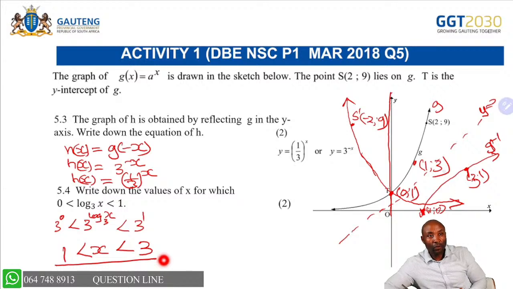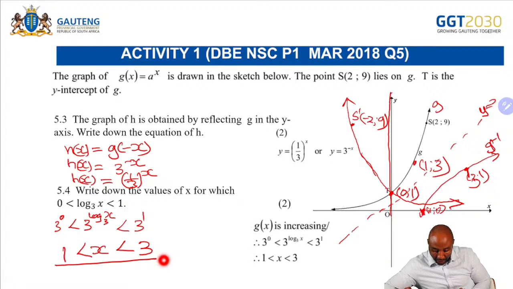This is how we interpret the solution to that question. And you are able to see that g of x is an increasing function. Therefore, we get our solution using that. So it's between x is equal to 1 and x is equal to 3. That is when our logarithmic function is between 0 and 1. We are looking at our y values there.